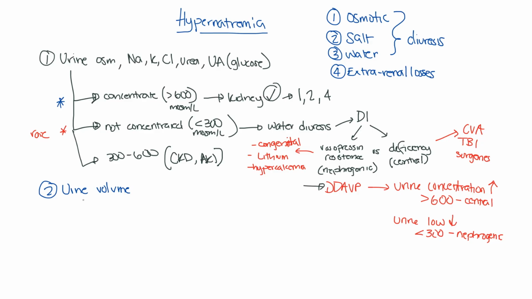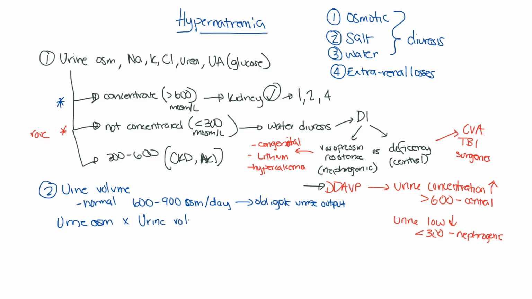Well, a normal person is going to be eating between 600 and 900 osmoles per day, and so this is obligate urine output. We take the urine osmolality times the urine volume, where the units are milliosmoles per liter times liters per day, so you should get milliosmoles per day.